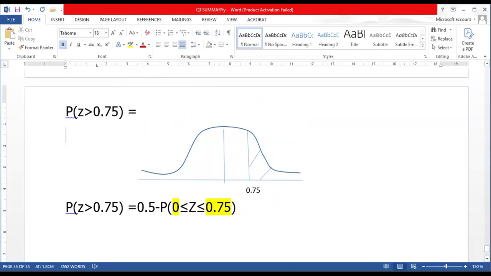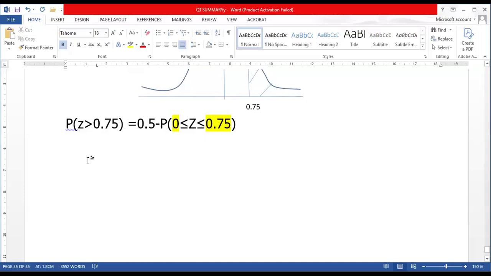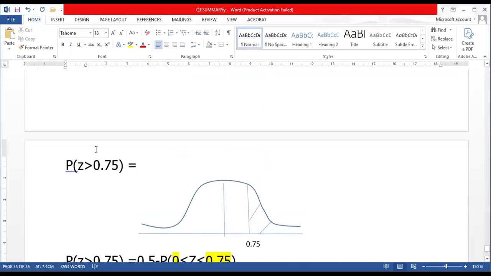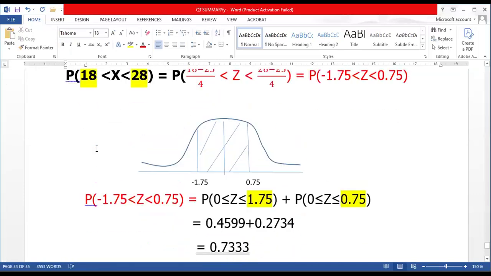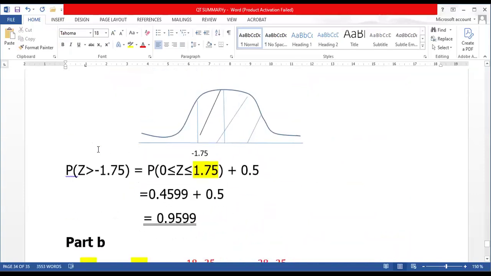Then lastly, still on this, what if I am looking for the probability of z less than negative 1.75? Initially we had the greater one. What if it was negative?